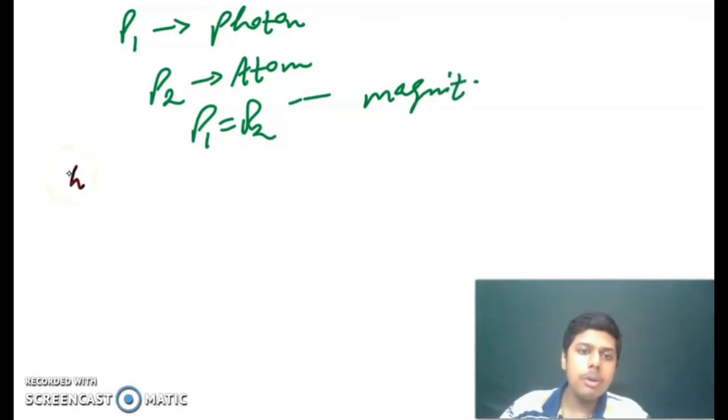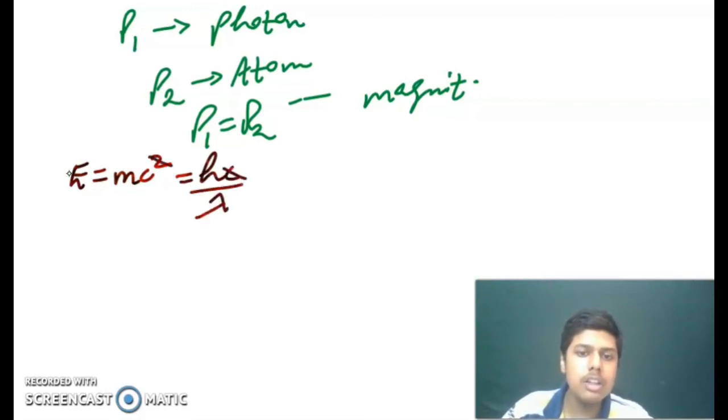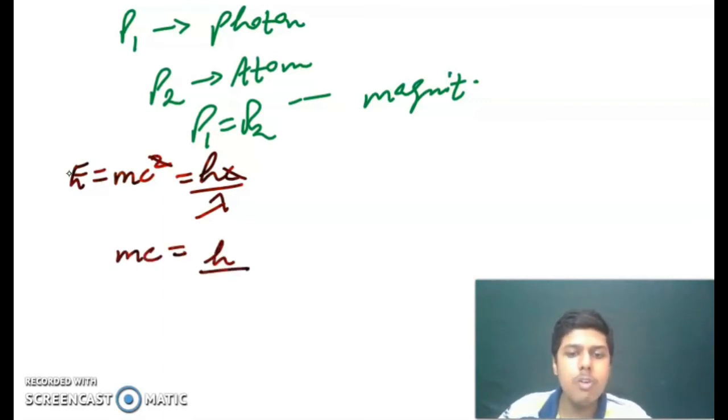Now according to Einstein's energy mass equivalence, E is equal to mc square, and energy can also be written as hc over lambda. So here one c gets cancelled. mc is equal to h over lambda, that is equal to momentum. P is equal to h over lambda.